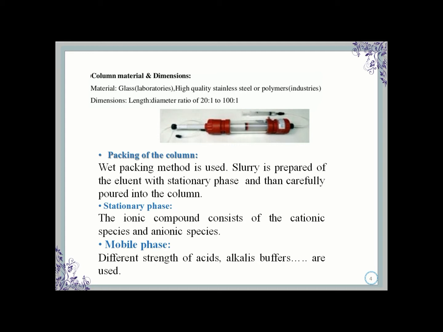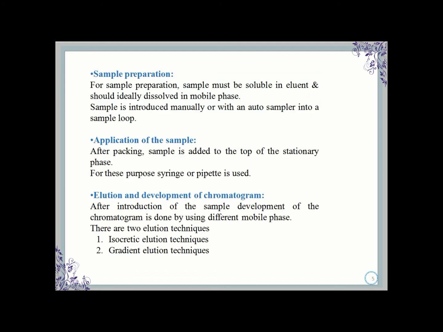This means it will not disturb the peaks which we are getting or the separation which is taking place. So we have to filter the sample before using it in the sample loop, to remove any particulates or impurities that are present, so it will not damage your column, and the peaks will be readily good.